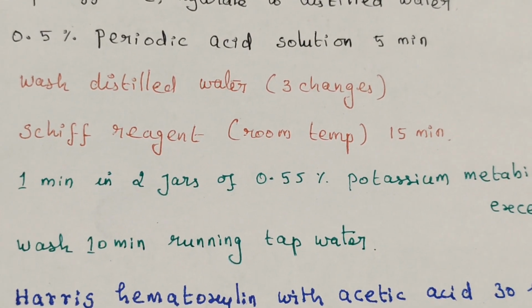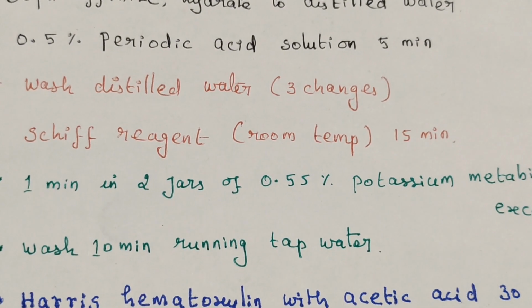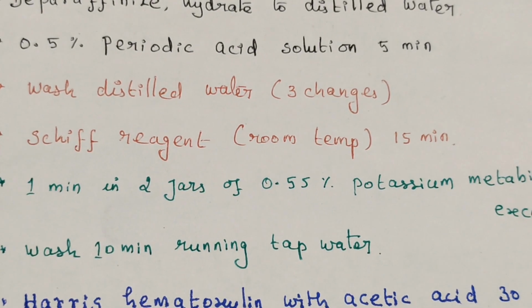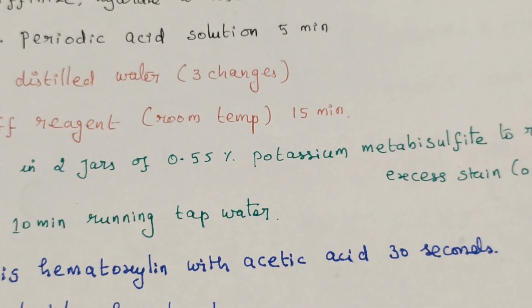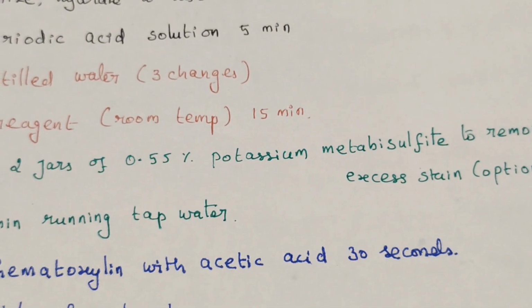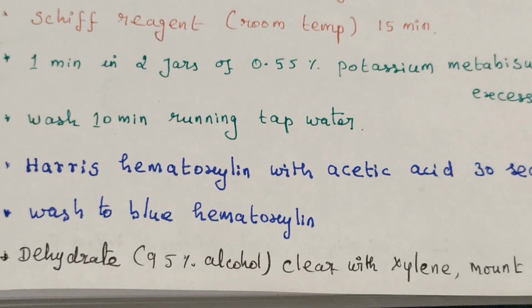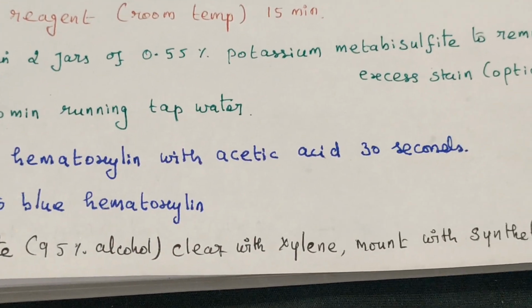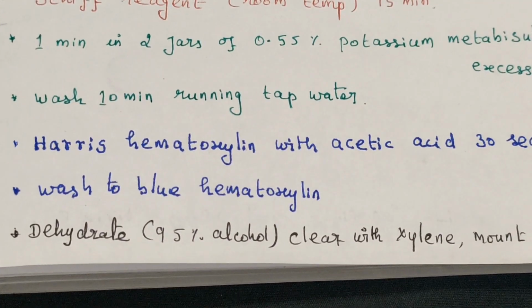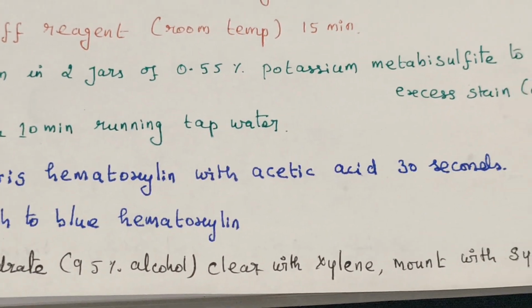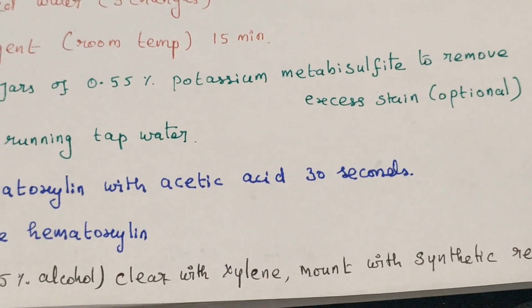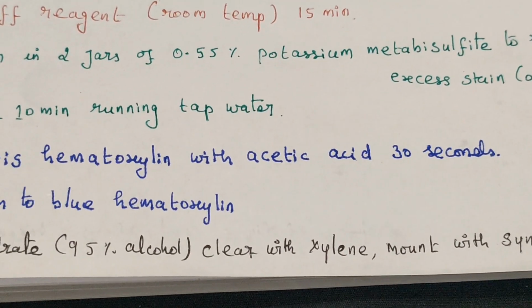Then this section must be placed 1 minute in a jar of 0.55 percentage potassium metabisulfite. This will remove excessive stain, but this one is the optional method only. Then wash with running water. Then Harris hematoxylin, wait for 30 seconds. Then wash to blue the hematoxylin. Then dehydrate in 95% alcohol. Clear with xylene. Mount with synthetic resin. So this was about the PAS conventional method.